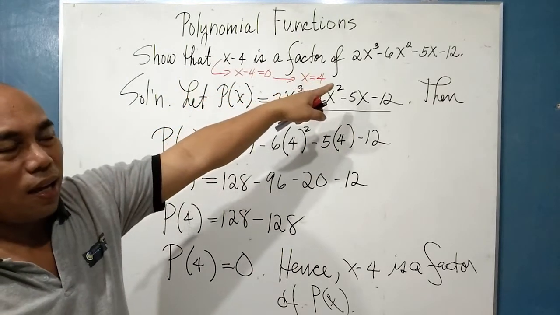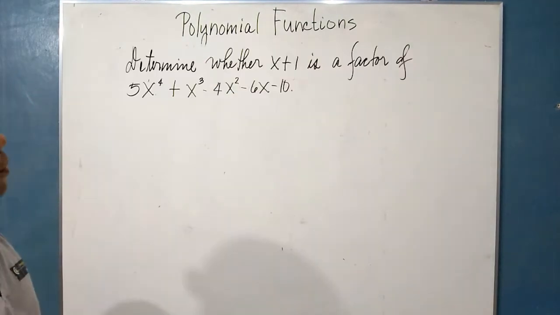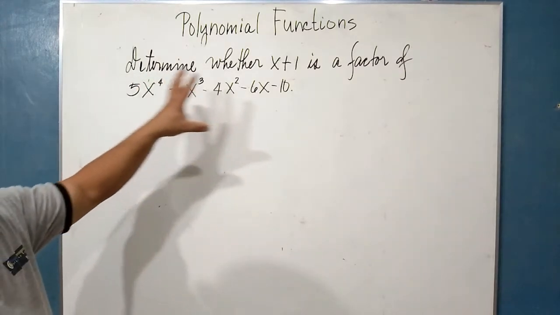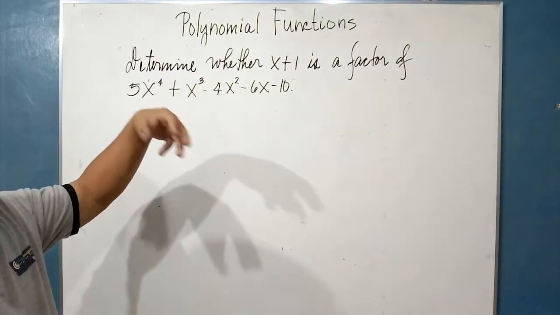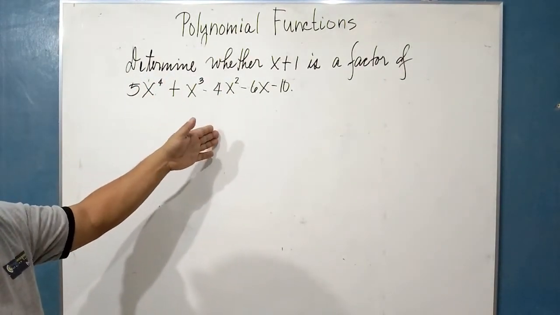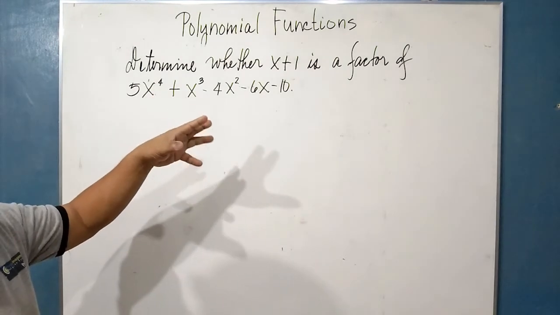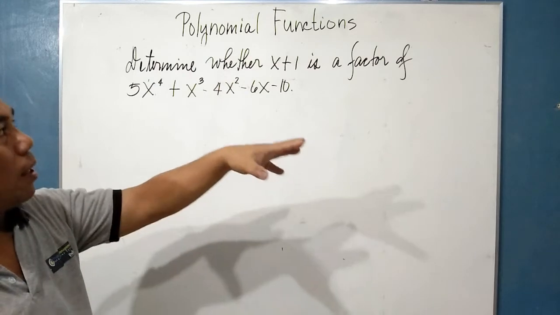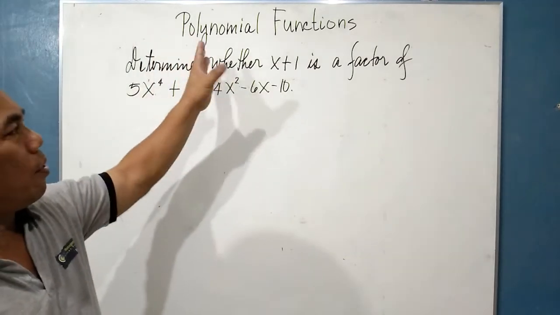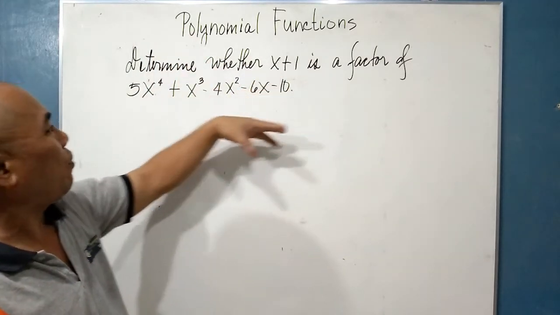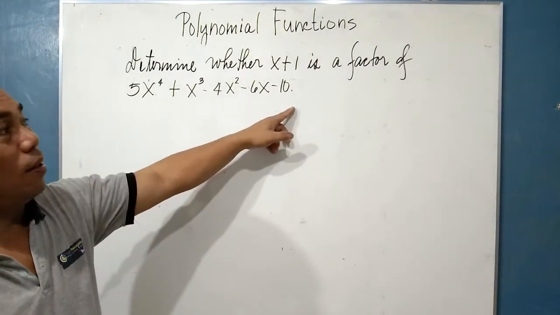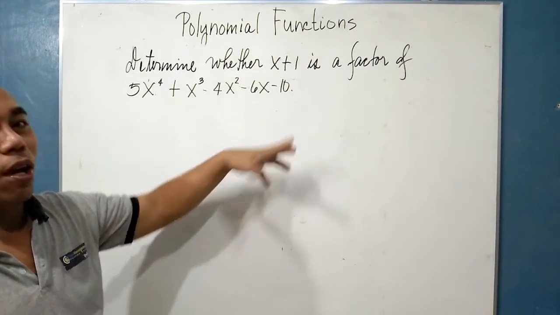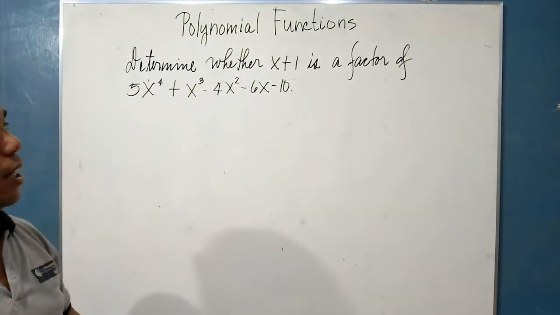Let's have another illustration. In this illustration, similar ni kaganina. Kay kaganina atong gipangayo kung ang linear factor ba. Karon ang gingon niya, determine whether x plus 1 is a factor of this. No? So, i-apply gihapon nato nga idea.